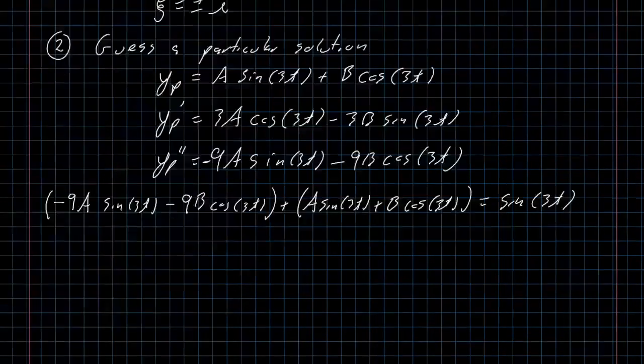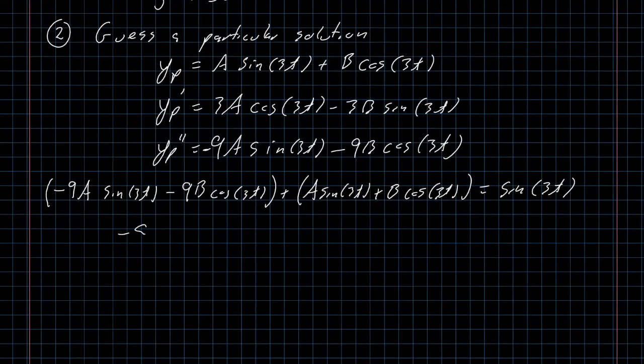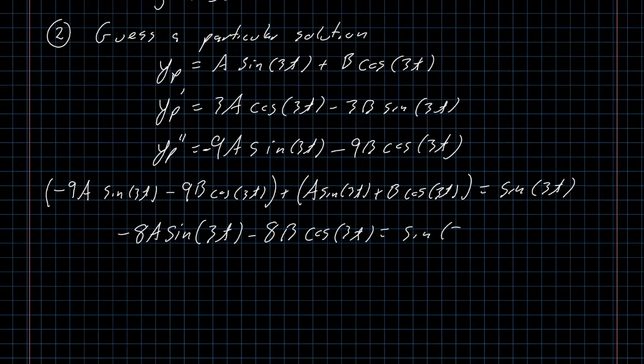Combine some like terms, and then make the assumption that in order for this to work for every value of t, it must be the case that corresponding coefficients are equal.